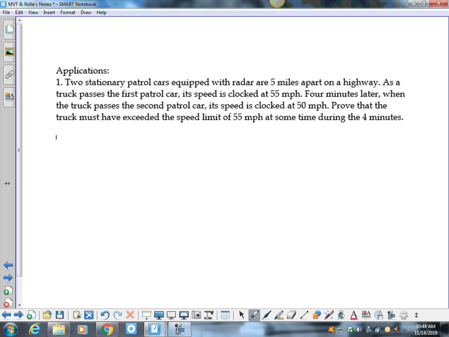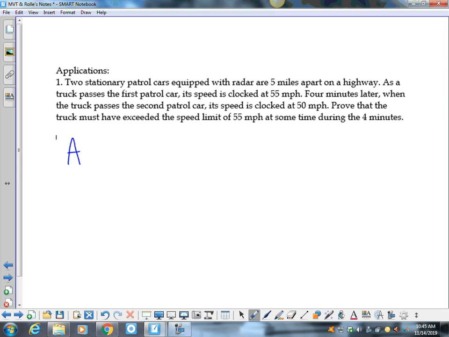As a truck passes the first patrol car, its speed is clocked at 55 miles an hour. 4 minutes later, when the truck passes the second patrol car, its speed is clocked at 50 miles per hour. Prove that the truck must have exceeded the speed limit, that's 55 miles per hour, at some time during the 4 minutes.